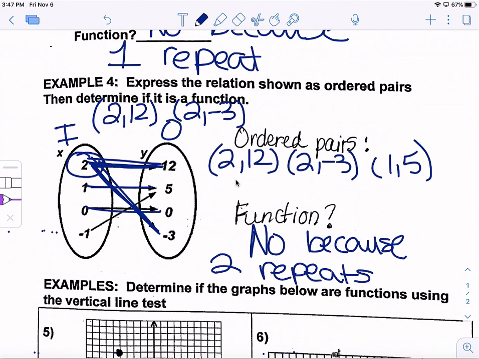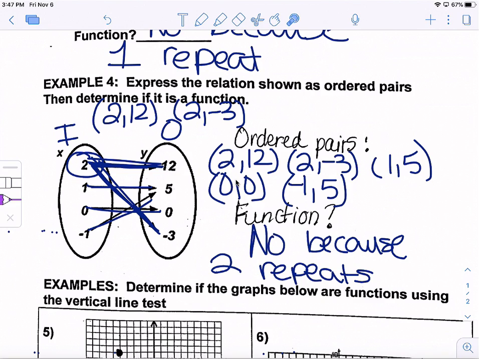And then 0 is being paired with 0. And -1 is being paired with 5. Now it's okay that 5 is being paired with -1 and +1. They can have the same output value, but this input value can't have 2 output values.